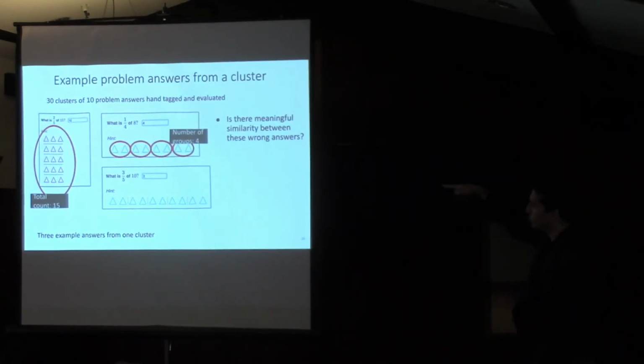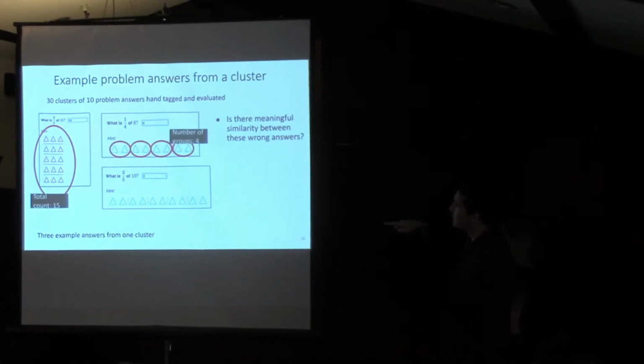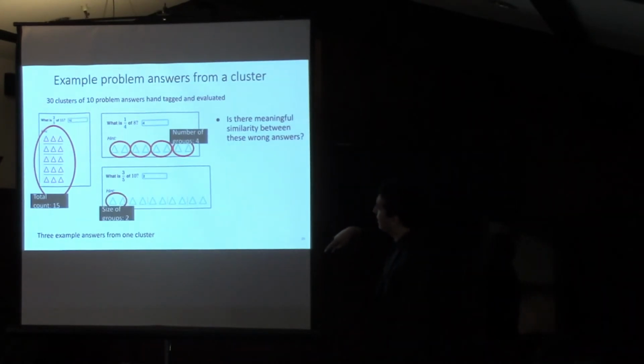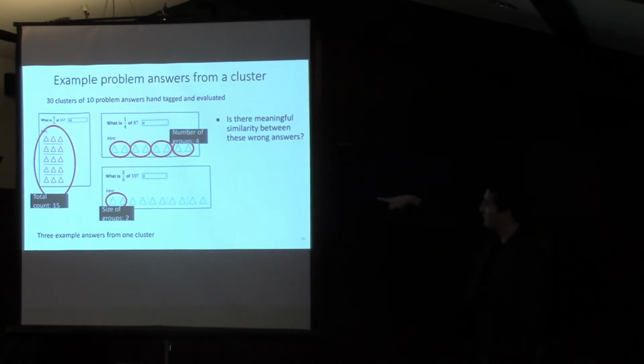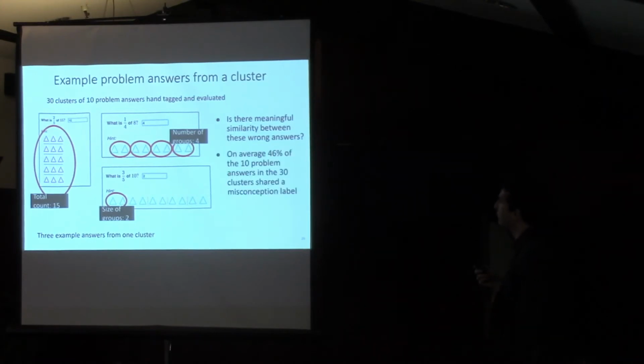Here, the number of groups of triangles is 4, and that's what the student answered. These are all wrong answers. And then here, the size of the groups is 2, and that's what they answered. So in this group, I would not consider this to be a misconception or wrong procedure, but perhaps a common lazy answering strategy is what is shared between these answers.